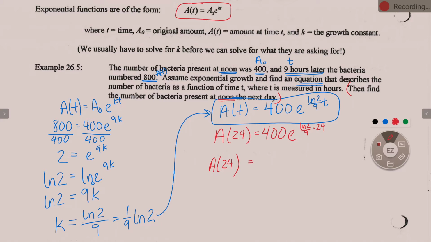So e to the ln 2 over 9, and you could put the times 24 in the numerator, or we could just put it out there. It just has to stay in that exponent.